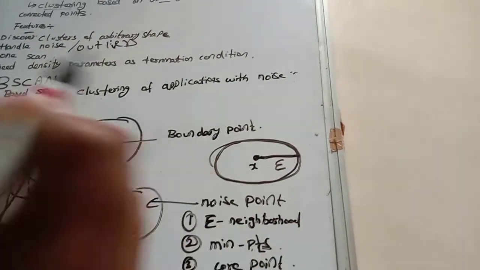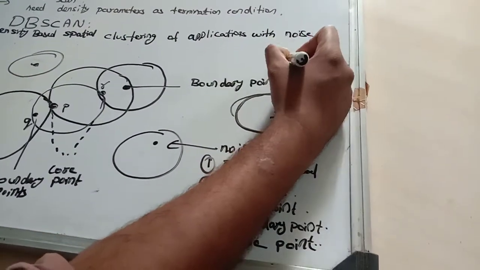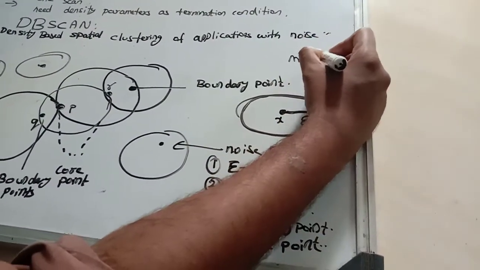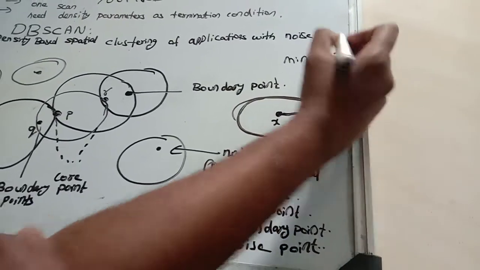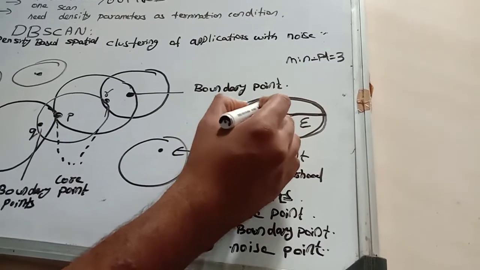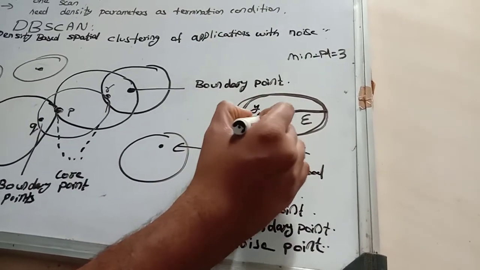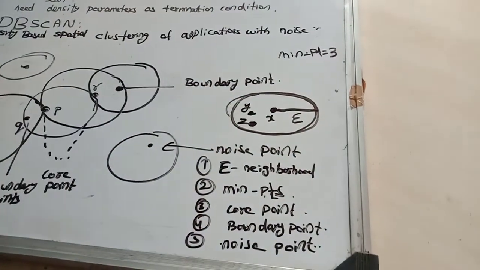And the next terminology, minimum points, we need to take some value. Suppose minimum points is equal to 3. There should be at least 3 data points, x, y and z, within the circle radius.